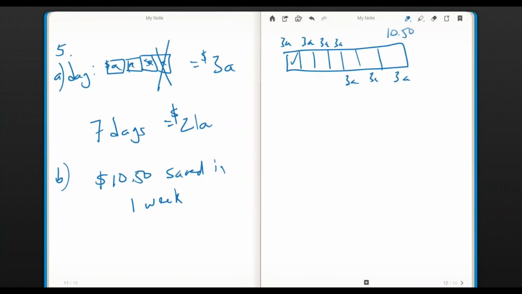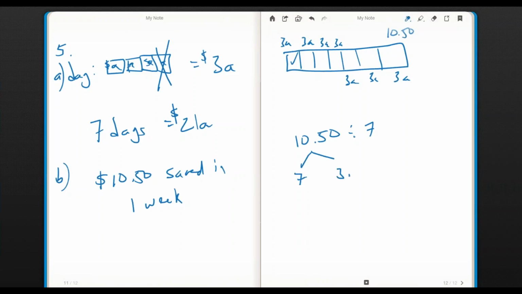So I can very easily say $10.50 divided by 7. When I do that, if I want to do mental math, if you want to write it out and do the algorithm to do division, that is fine.